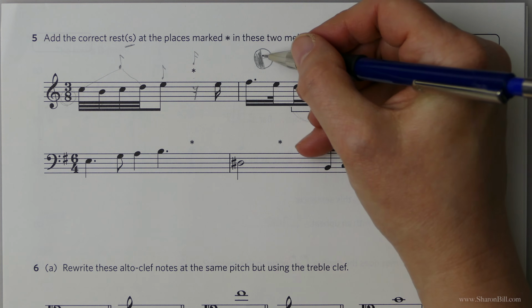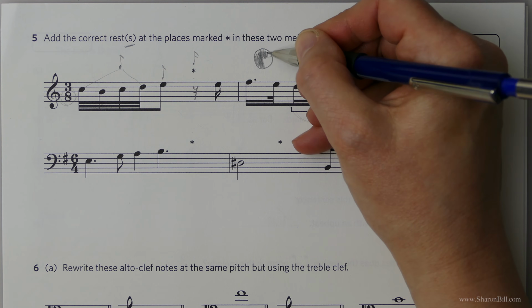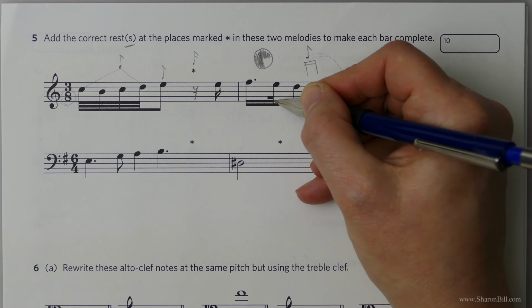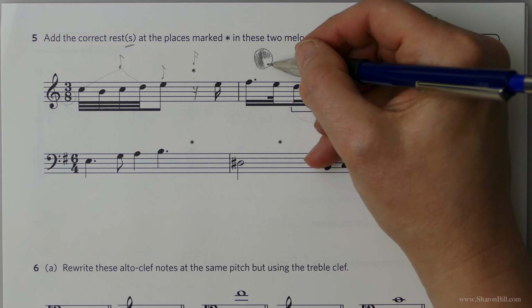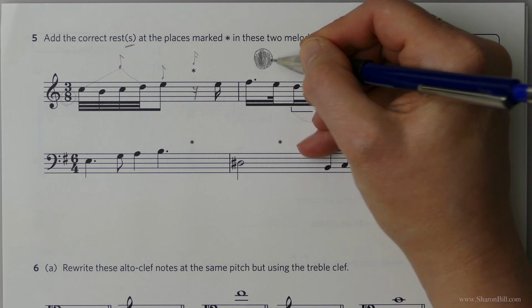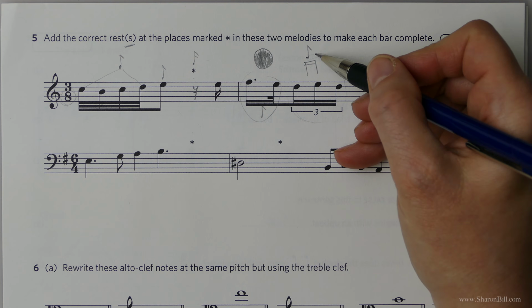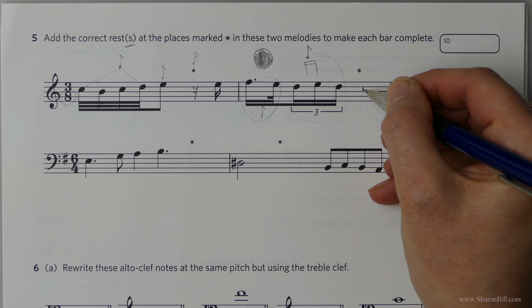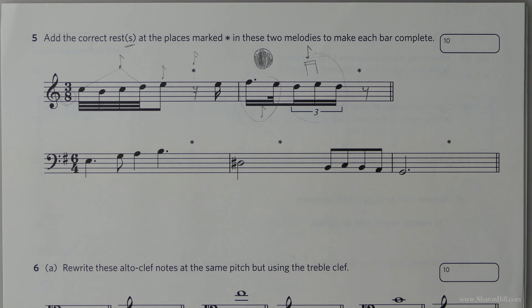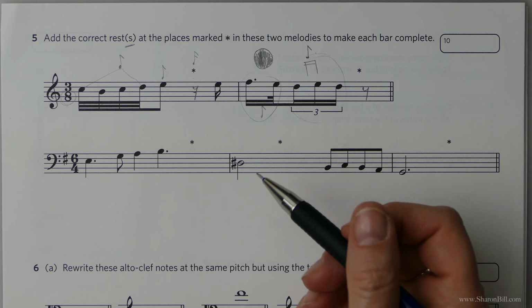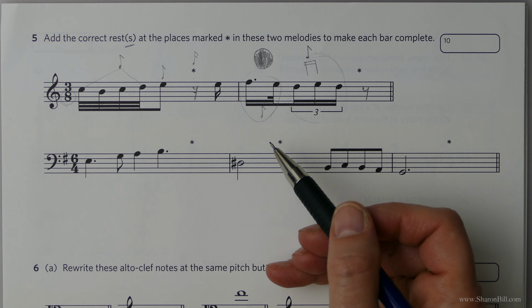The dot after that makes it half as long again, and then this demi-semi or 32nd note completes the beat. So there's beat 1, beat 2. So we literally have beat 3, quaver, eighth note, rest. There we go. So that was pretty easy once we got the maths done.